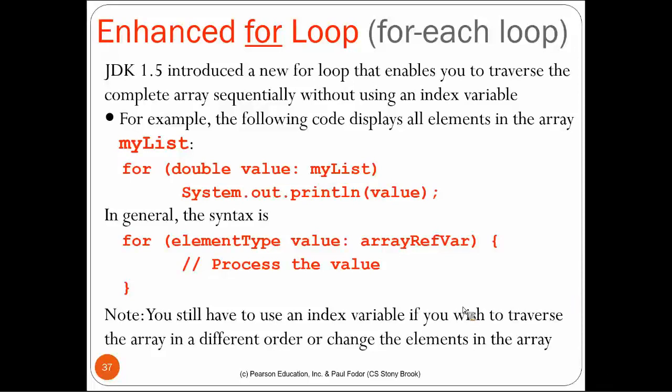So for example, we created earlier, last class, a list of the type double, myList. It was an array of 10 elements of the type double. If we want to iterate over the elements of the array, we can write that with a for each loop: for every variable of the type double value in that collection of elements, in our case the array myList, we can iterate over the elements of the array by using the variable value.